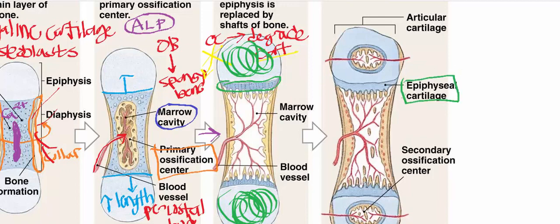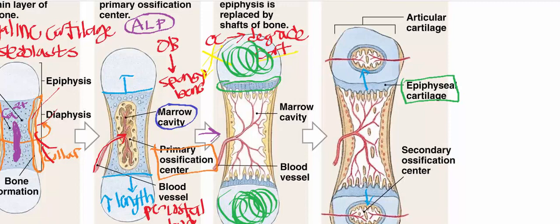This is a region of the bone that will continuously increase the synthesis of cartilage. And so the bone will increase in length along the diaphysis of the bone. This is the mechanism by which bone growth occurs.